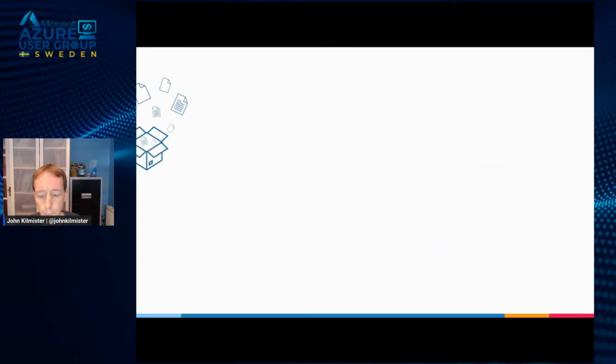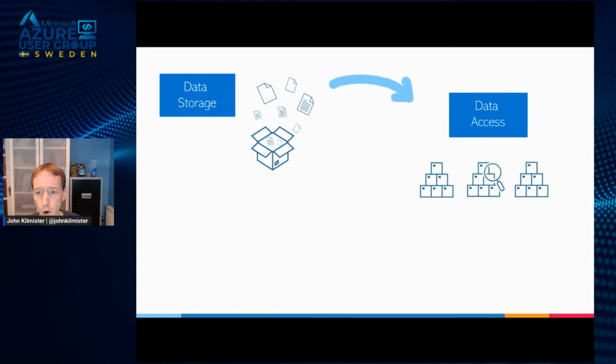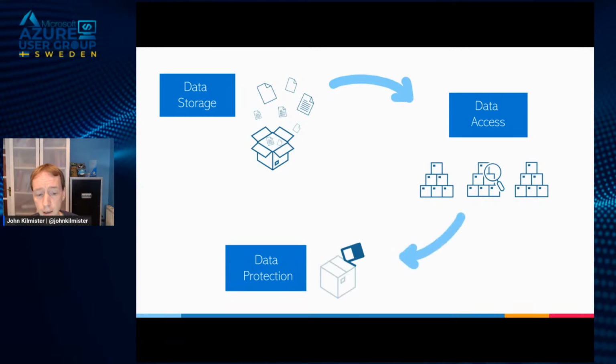So in this talk, we're going to break all of the features into 3 core areas. We're first of all going to talk about data storage, how the files are actually stored in blob storage and the options around that, before moving on to data access, because it's no good just putting files in. We need to be able to retrieve those files and work with them. Finally, we'll look at data protection.